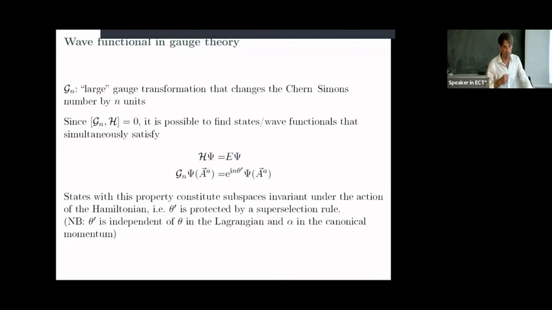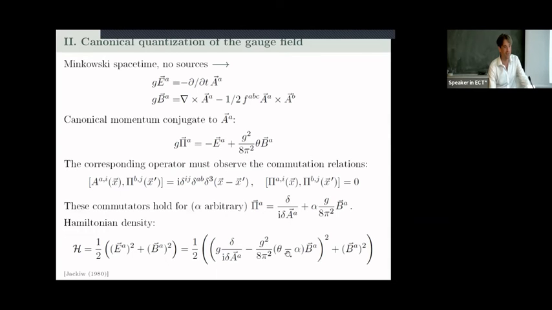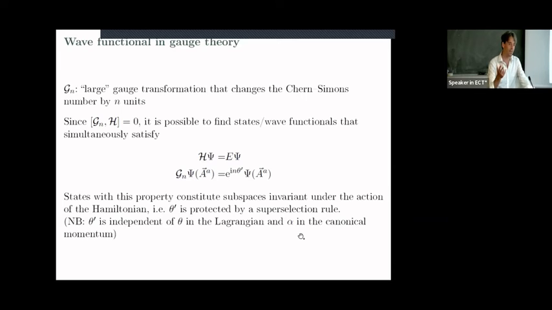And so we know that these states must be eigenstates under these large gauge transformations. Because these gauge transformations are unphysical, they must transform under large gauge transformation at most by a phase. And this phase can be chosen to be, I call it here theta prime. Okay, so now we have three things in the game that do the same thing. We have theta from the Lagrangian, we have alpha here, and we have theta prime. And of course, only one of them is maybe physical.